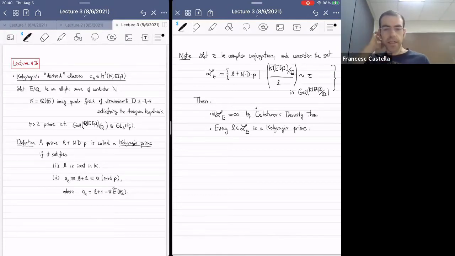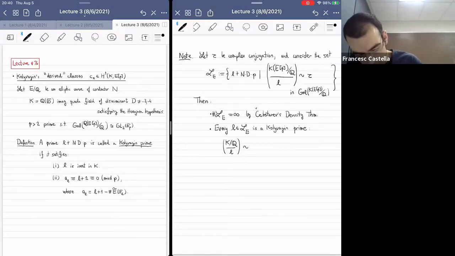Okay, so we need to check that it's inert and the two congruences. So let's check it's inert. For that we need to look at this Frobenius element, and we know how Frobenius behaves with respect to change of fields.